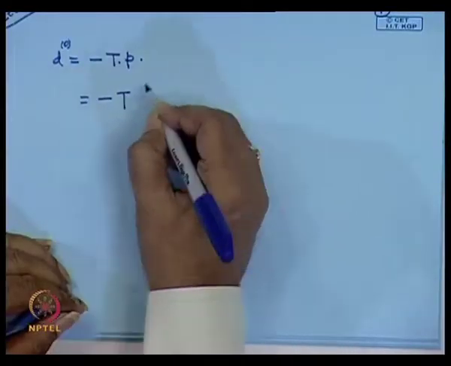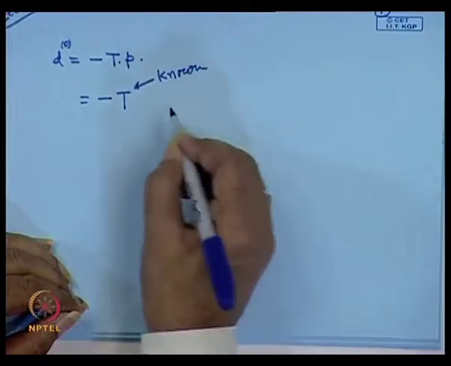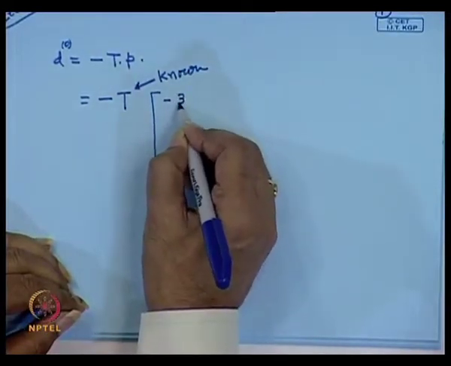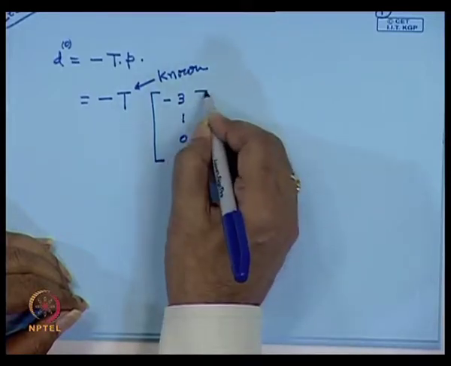So, this T value is known, and the P value we have just calculated.